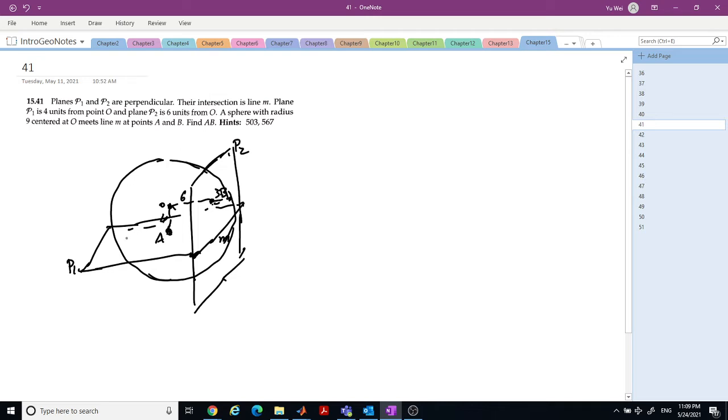Okay, the first thing you need to know is that the sphere is cut by P1 into a circle. Okay, so let me draw this one here. So here is A, and this cutting point, let's say M and N. So we have M and N, and here is the sphere center, right?